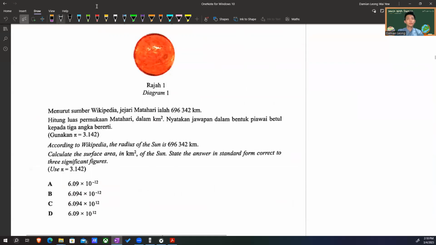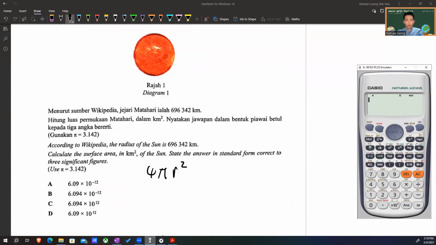So we calculate 4 pi times radius square. So 4 times 3.142, the pi, times radius square, 696,342 square. So you get 6.0941 times 10 to the power of 12.